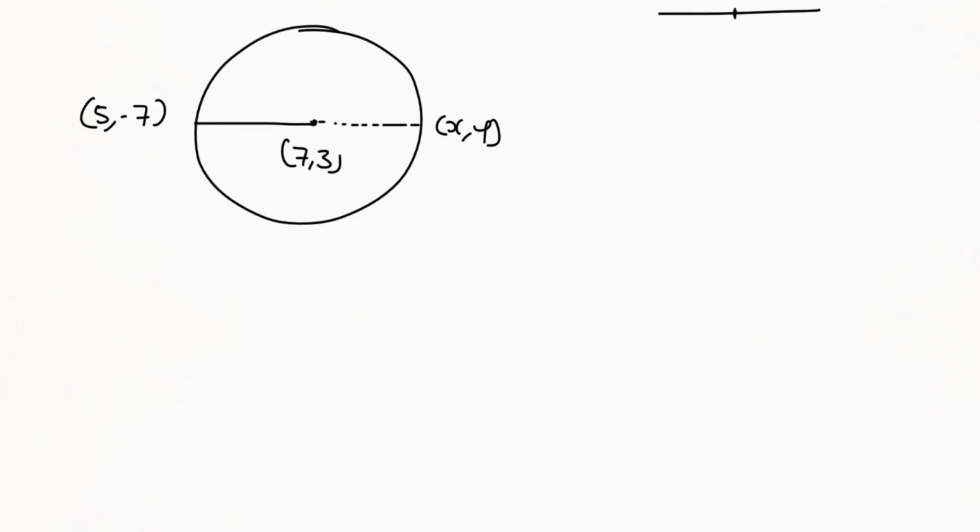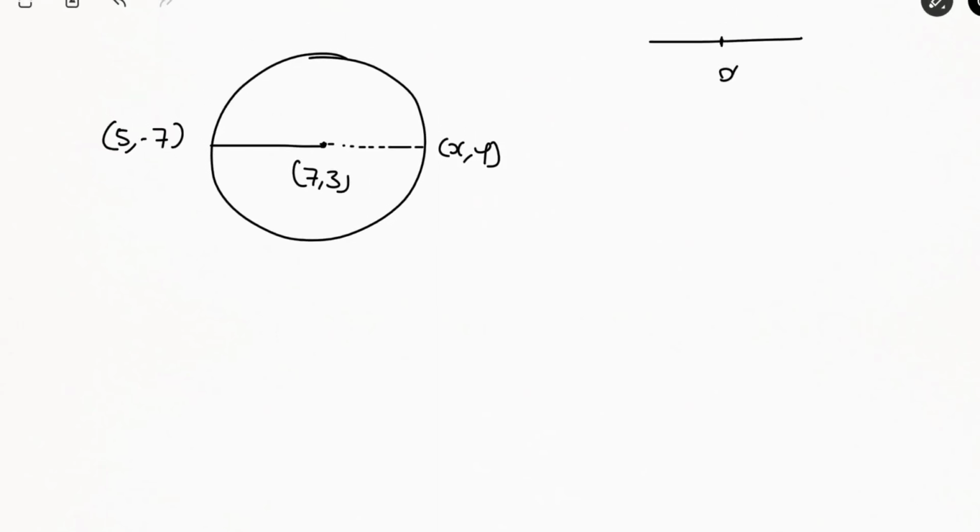A circle is given. One end is (5, -7), center is (7, 3). We need to find this point, x and y. So how can we solve this? This is again the section thing, right? Section on middle. If we have to find a point which divides equally in between, that will be x1 plus x2 over 2, right?